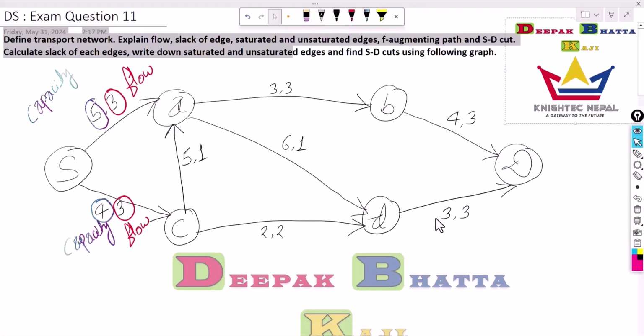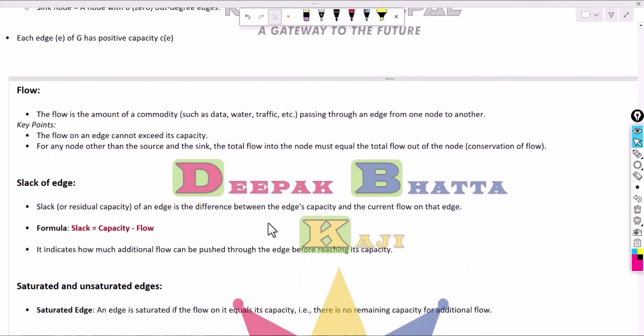Okay. So move on to the next topic, that is slack of edge. Slack also represents the residual capacity of the graph. The slack of an edge is the difference between the edge capacity and the current flow on that edge. So we have a formula: slack equals capacity minus flow.